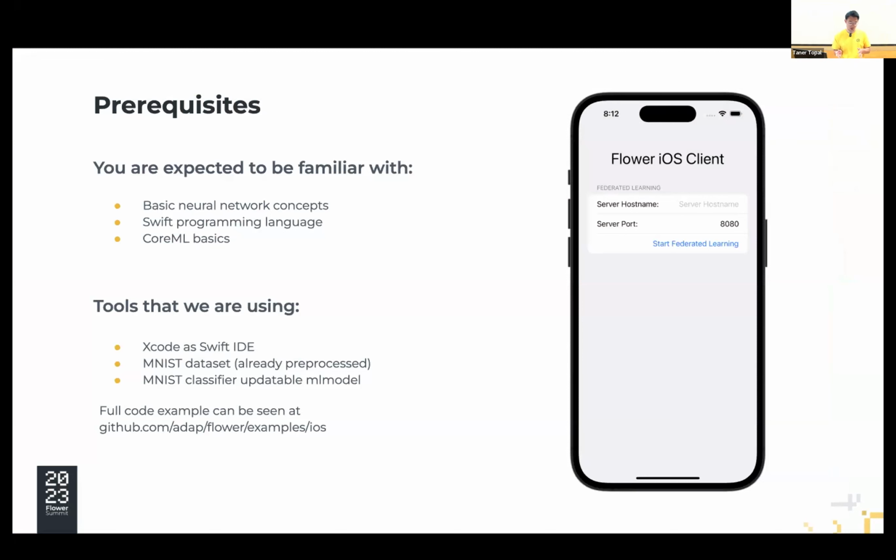So the scenario would be you already have your machine learning running with iOS, and then you want to federate it using Flower. The tools we are using are Xcode, Swift as our programming language, the MNIST dataset, and the ML model would be the MNIST classifier.